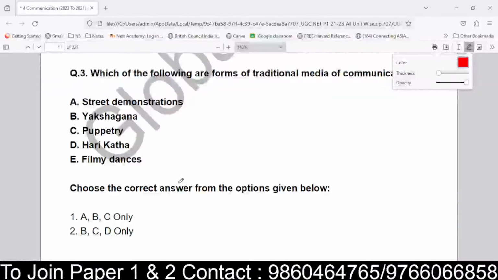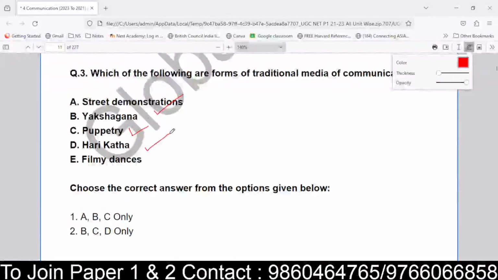When it comes to traditional forms of communication, which will come under it? If you see, yakshagana, yes, it's one of the forms of traditional communication. Puppetry, yes, it's also one of the traditional communication, and harikatha.